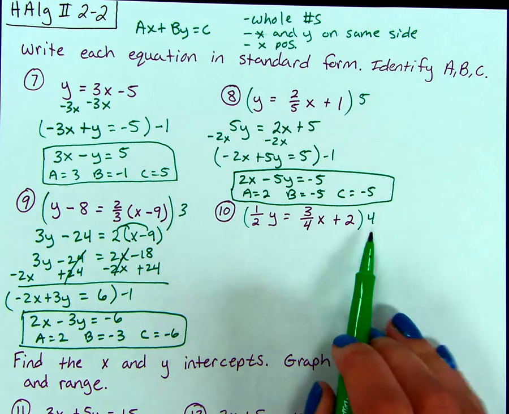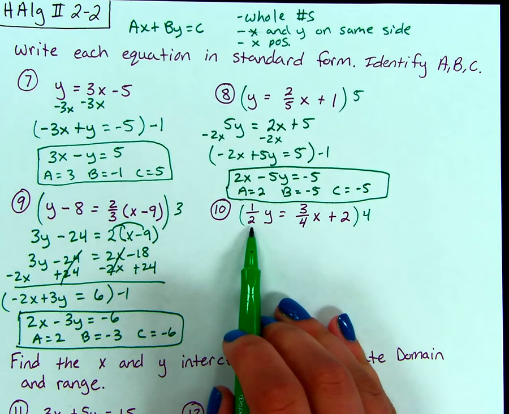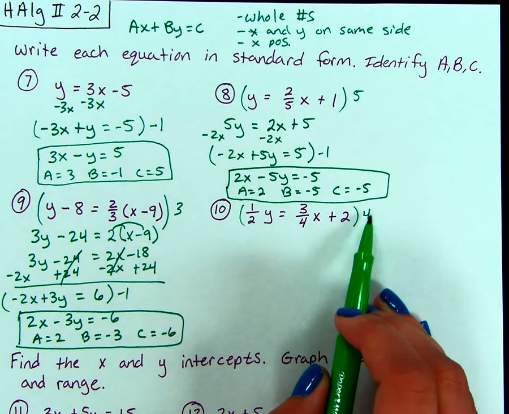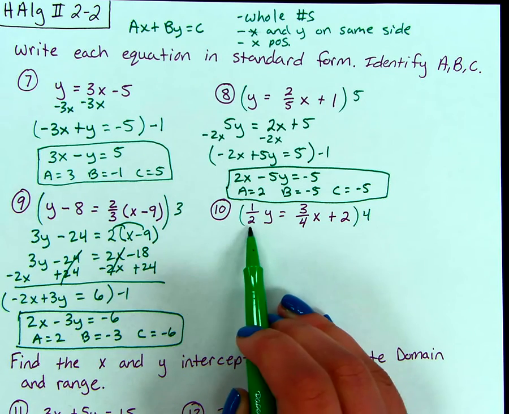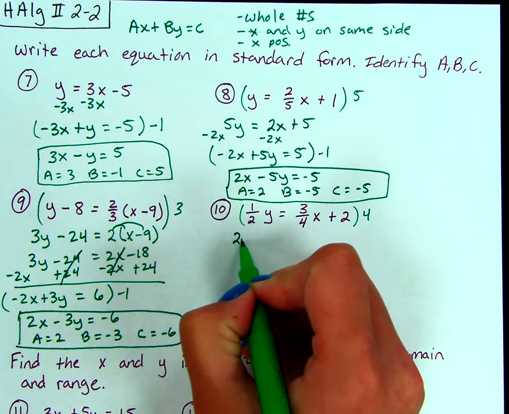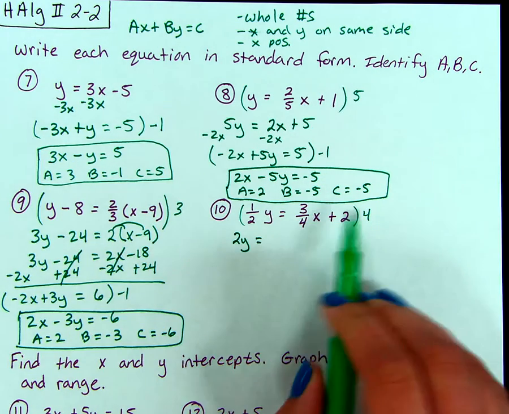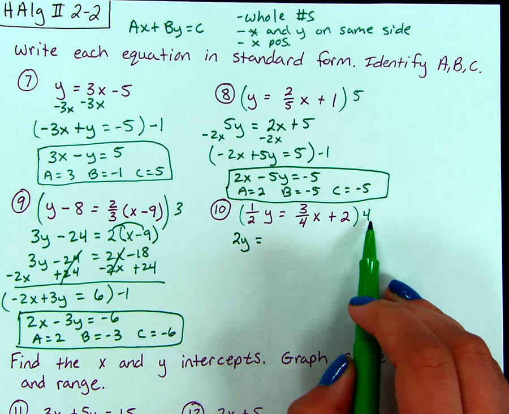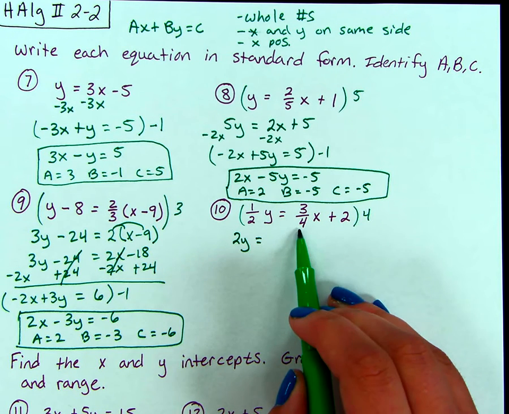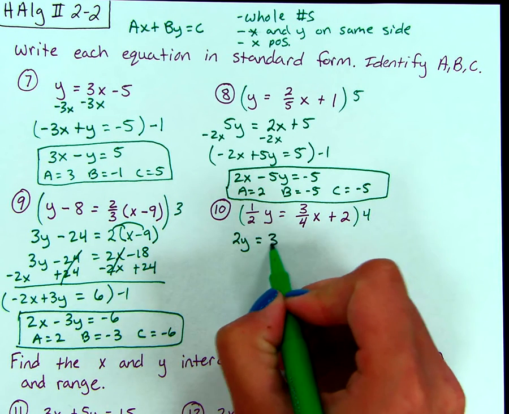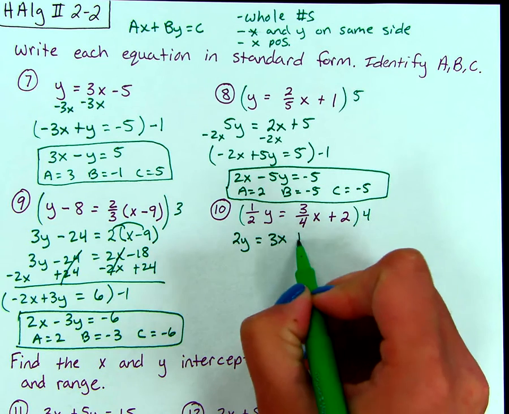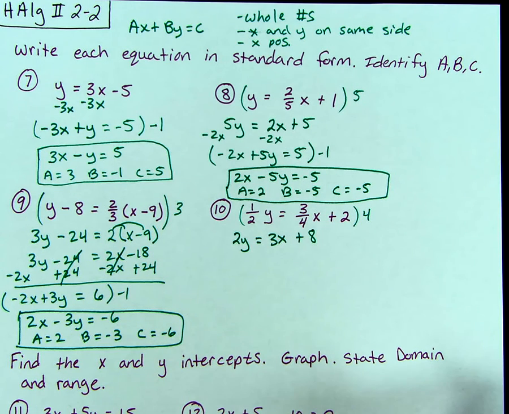Okay. So 4 multiplied all the way to the 1/2. So we would have 1 times 4, which is 4, divided by 2. So that gives us 2y equals. Okay, next one. So 3 times 4 is 12, divided by 4 is 3. So this is 3x. 2 times 4 is 8. All right, so again, getting x's and y's on the same side.